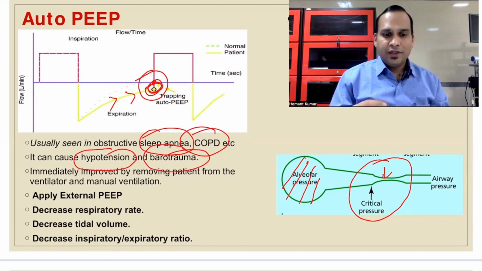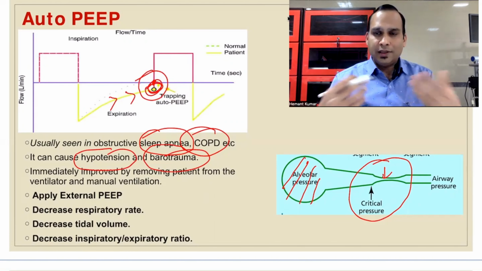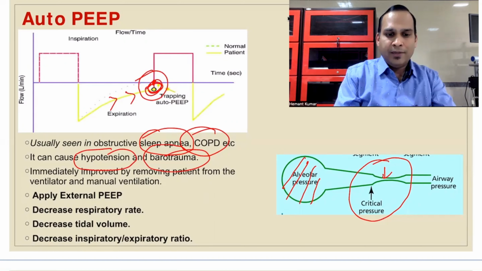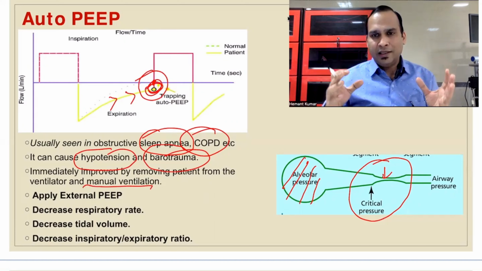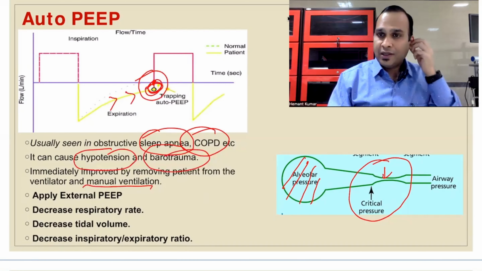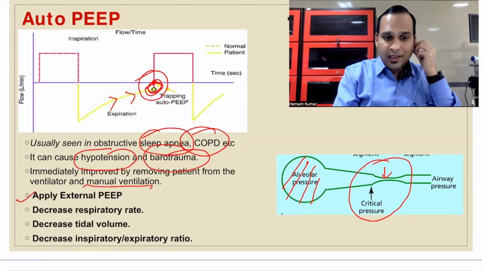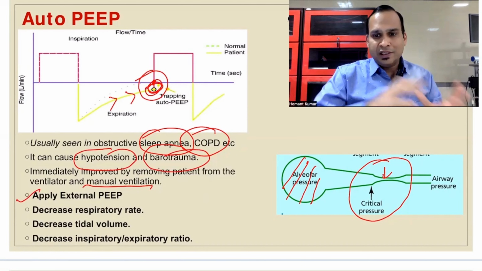So how to relieve? You keep the patient away from the ventilator for a short while by manual ventilation. So just disconnect and ventilate the patient by Ambu bag or Mapleson circuit. Then you can use external PEEP. So what is the difference between internal PEEP and external PEEP?